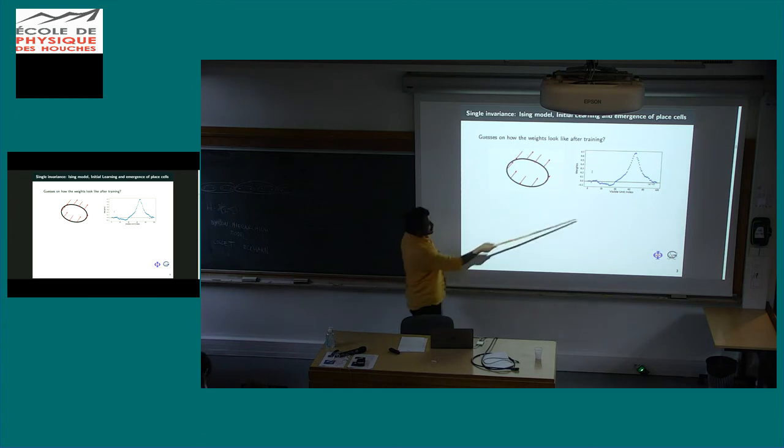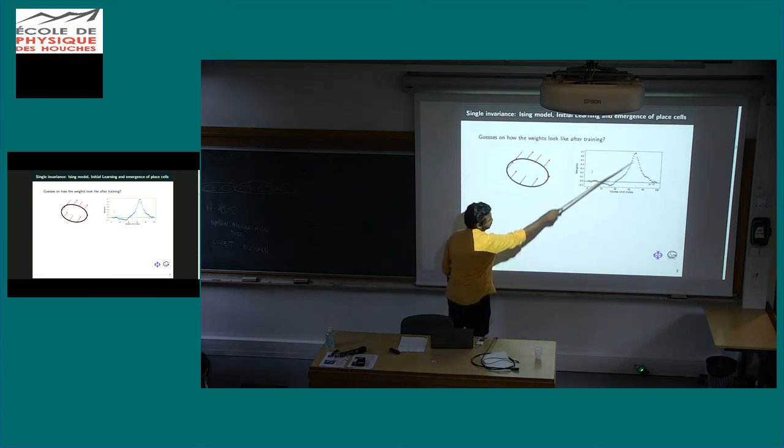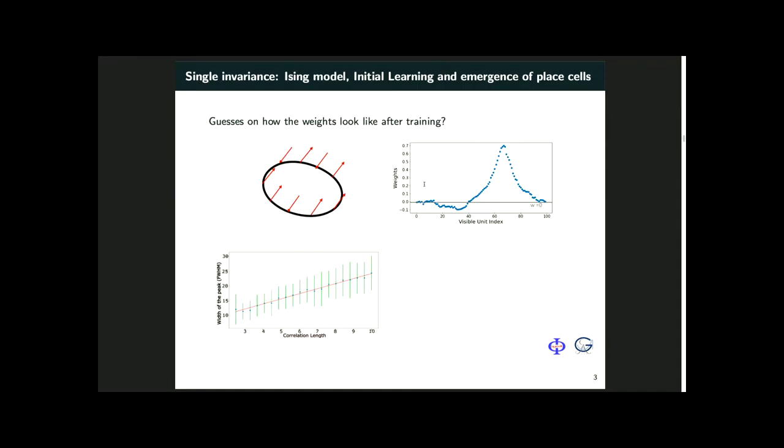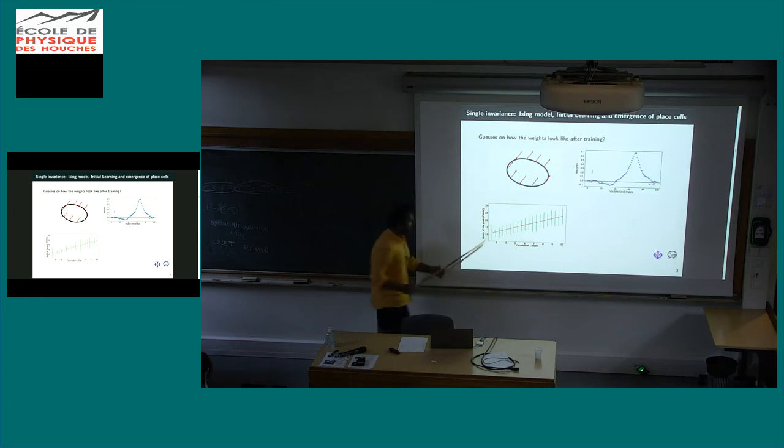You see this has a peak structure at some position. Now the next thing I do is change the temperature, or the correlation length of this model, and I plot the width of this peak as a function of it. You see that the width of the peak is increasing. So this very simple RBM has actually learned to coarse grain this data distribution at the relevant scale.